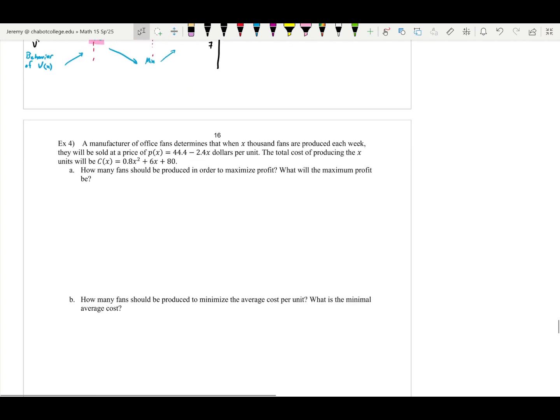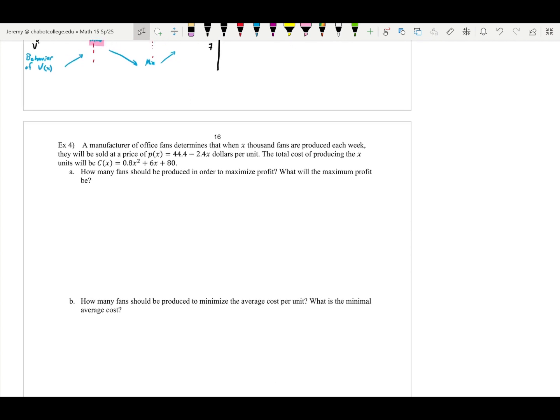Okay, and then up next we have a business problem. So for this one, let's read through it. A manufacturer of office fans determines that when x thousand fans are produced each week, they'll be sold at a price of p of x, a little linear function here, 44.4 minus 2.4x dollars per unit.